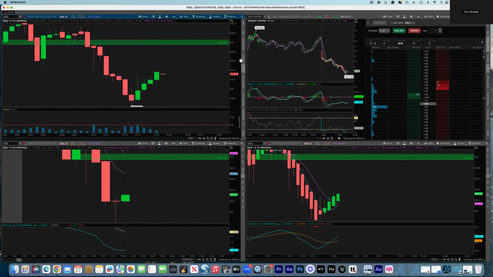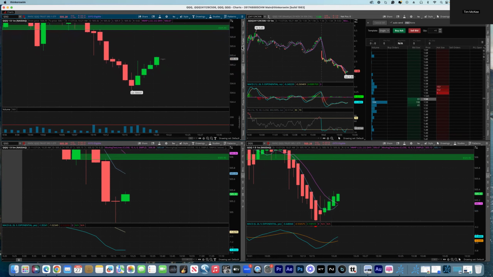So continuing our pattern of lower lows, lower highs. So instead of being able to take a breakout here, we're just scalping these reversals. All right, so going over to the 506 on the put side.